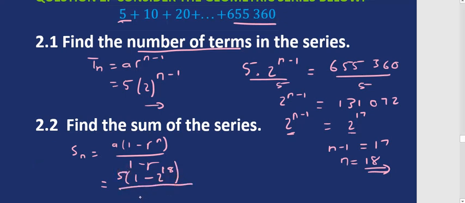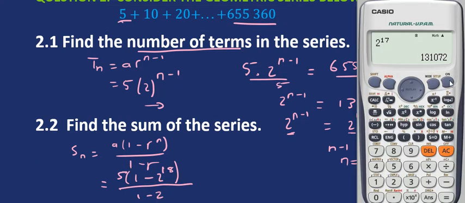It's 5, of course. Then we go to our calculator to check the sum of all the 18 terms in this sequence.